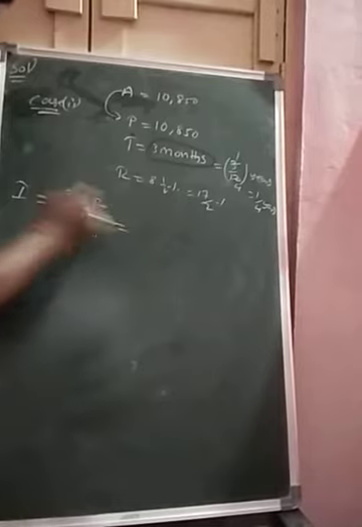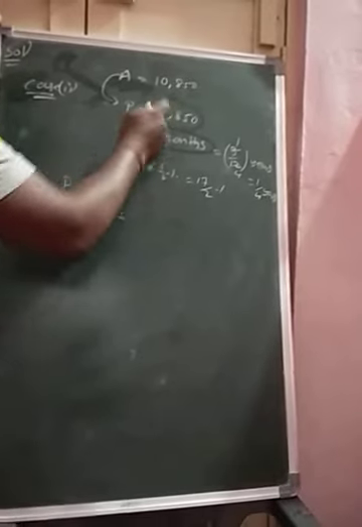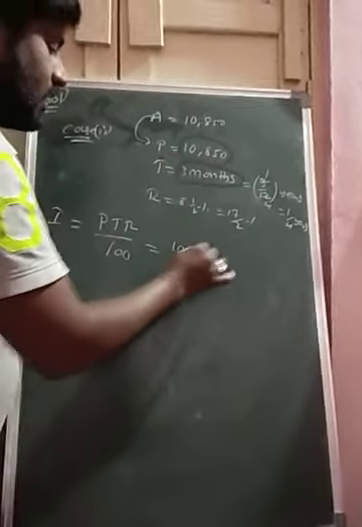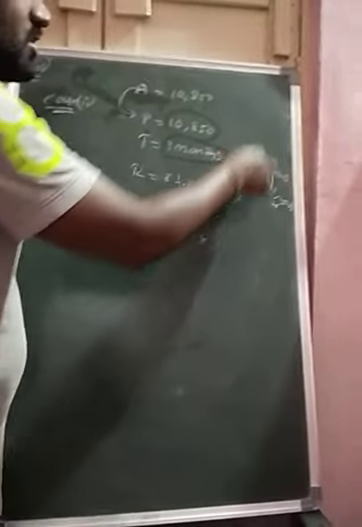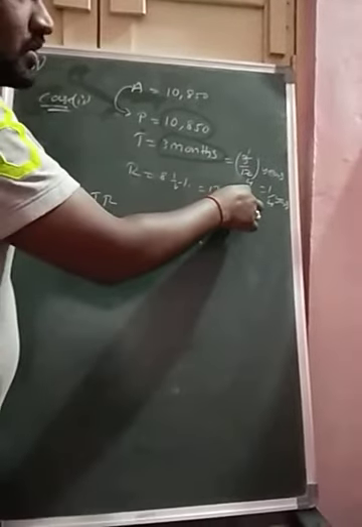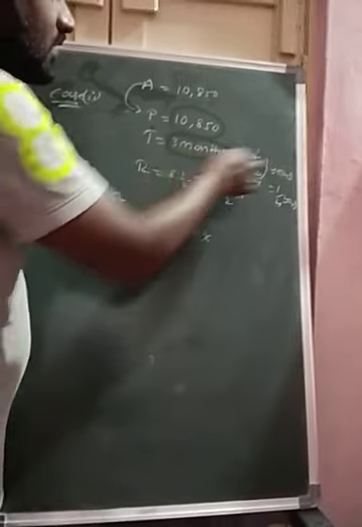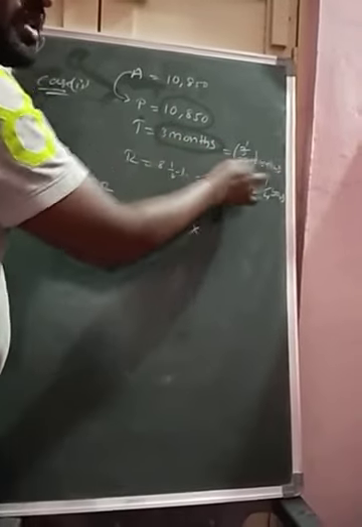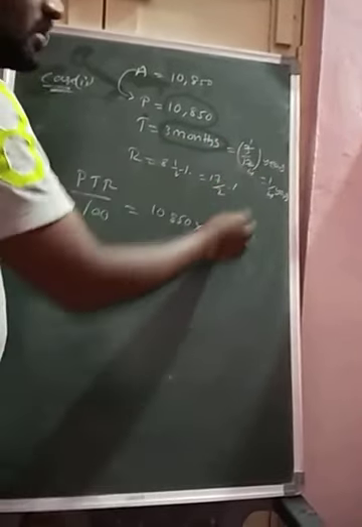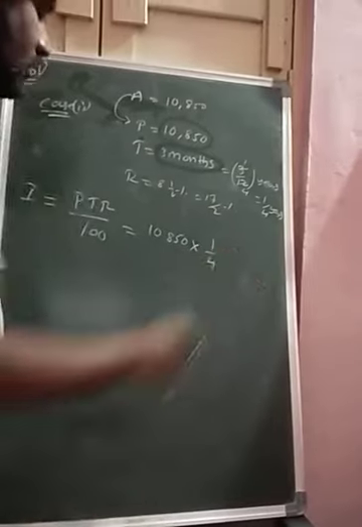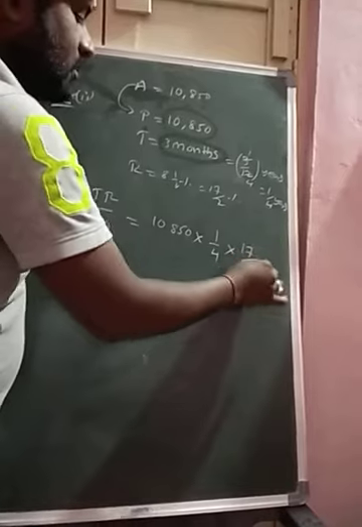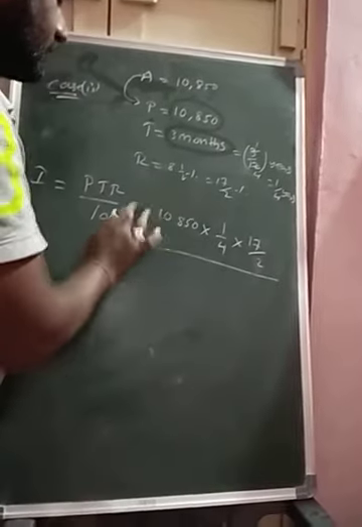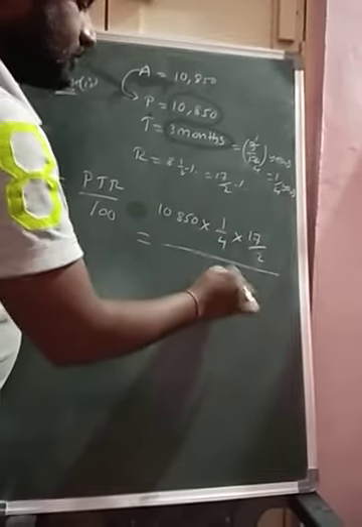So now principal is 10,850 into time, that is 1 by 4. Actually 3 months ఇచ్చాడు, దాన్ని ఇయర్స్ లోకి కన్వర్ట్ చేస్తే 3 by 12 years, అంటే 1 by 4, into rate of interest, that is 17 by 2 by 100.